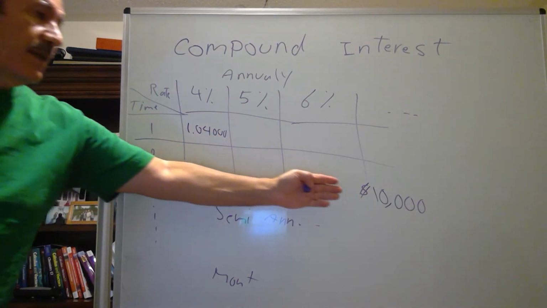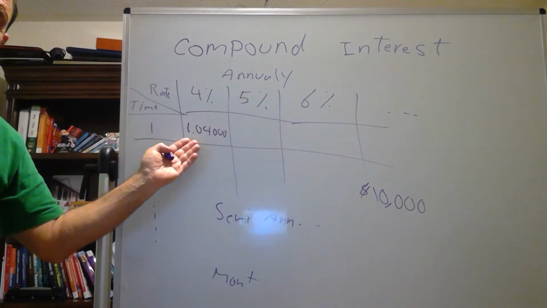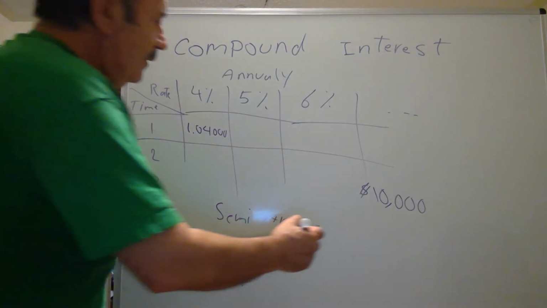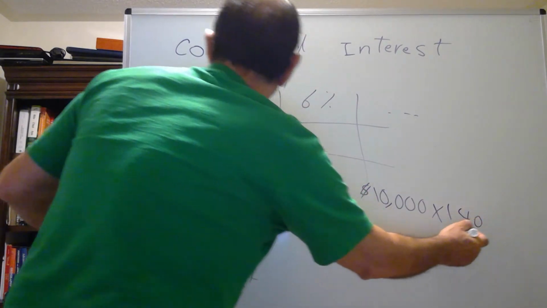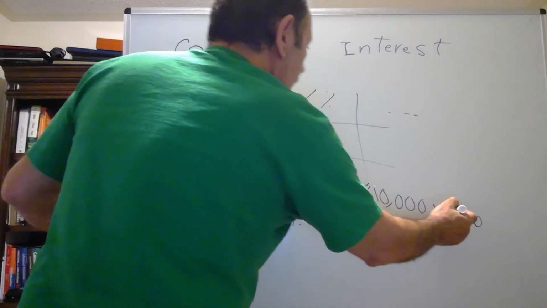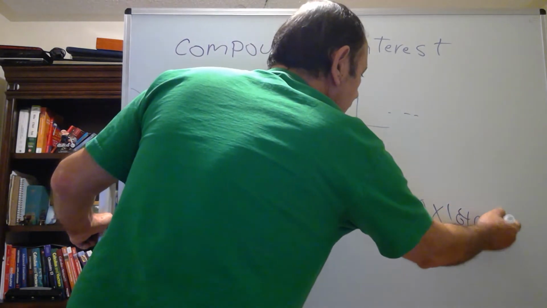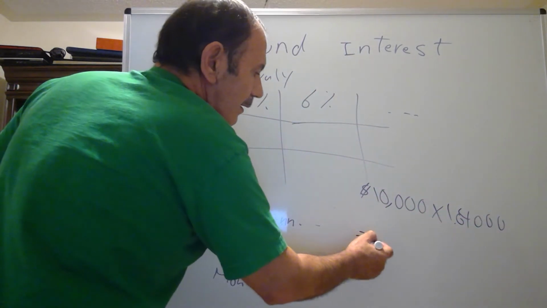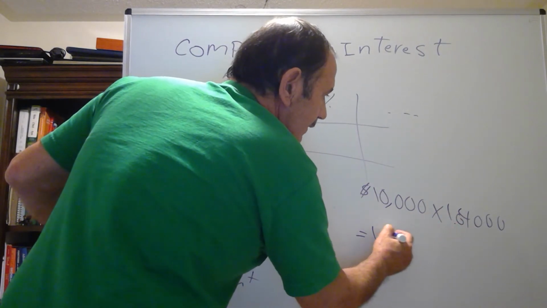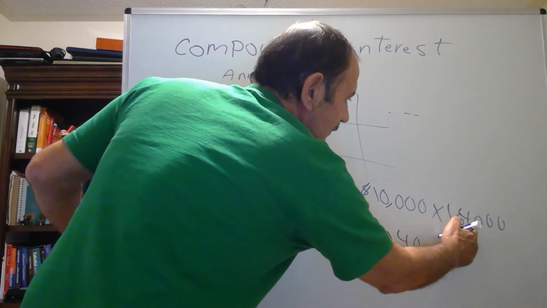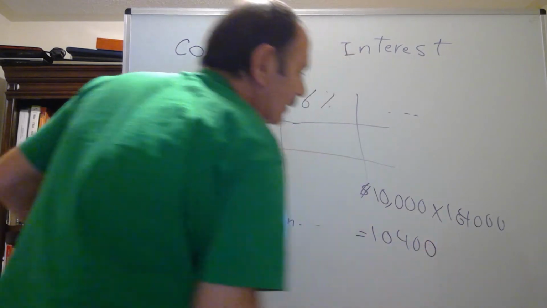When it's 10,000, I should multiply this 10,000 by this number, 1.0400.